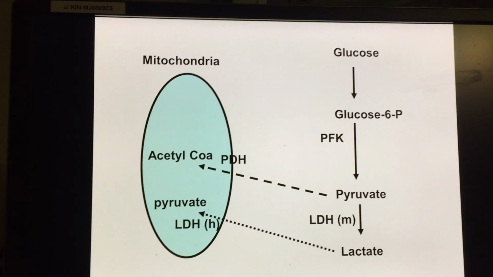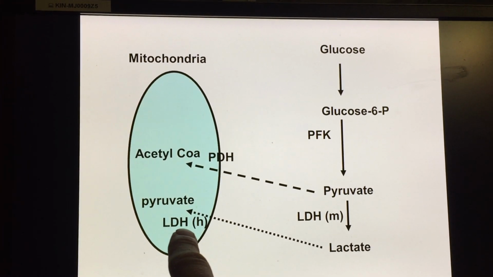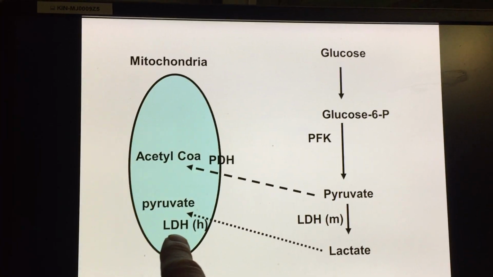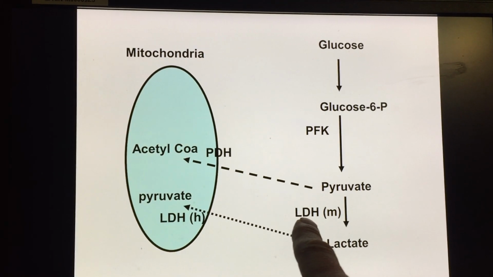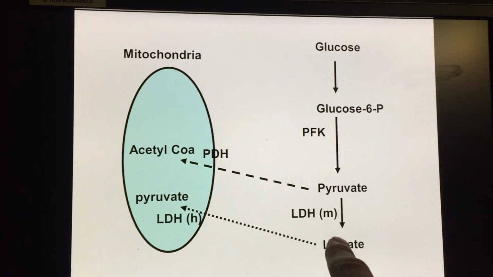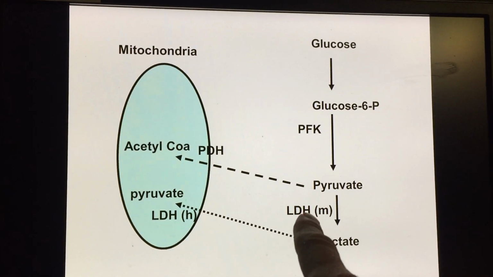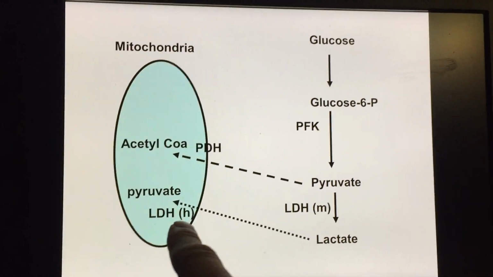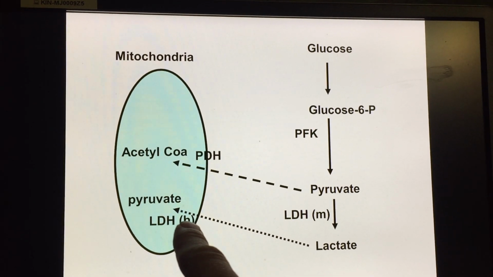Now, you also have an isoform of lactate dehydrogenase that's in the mitochondria called lactate dehydrogenase H. Lactate dehydrogenase also converts pyruvate to lactate, but this isoform of the enzyme is a little bit different. You can see it's called the M form, whereas the one associated with the mitochondria is the H form.